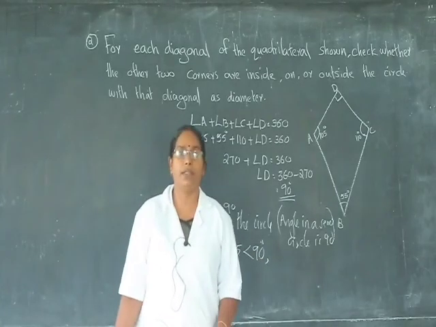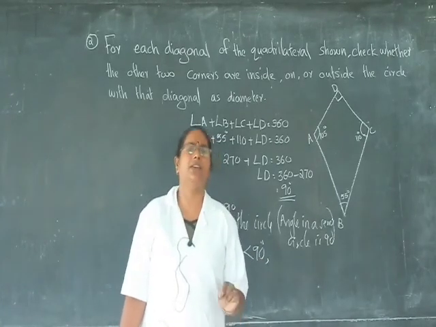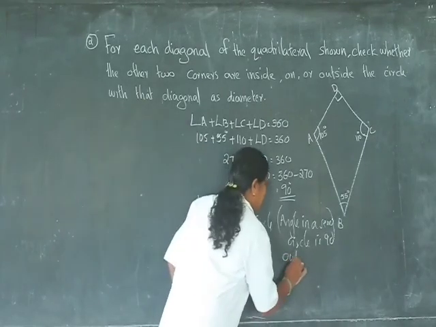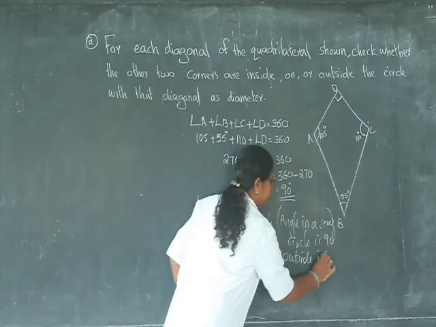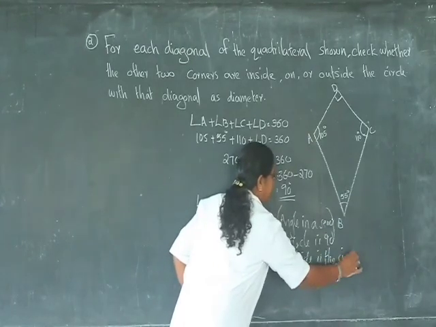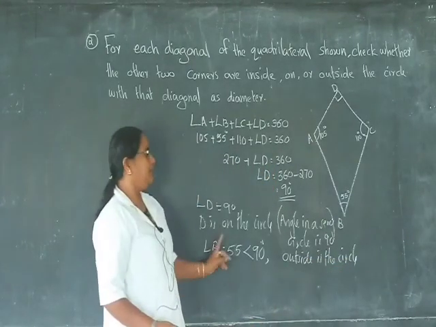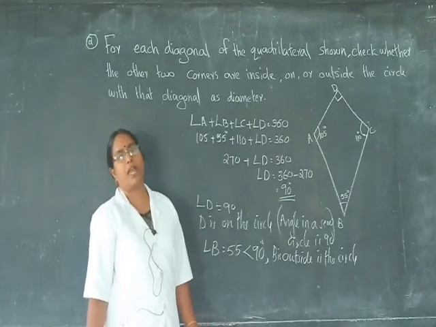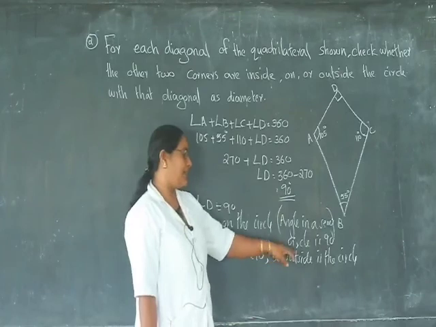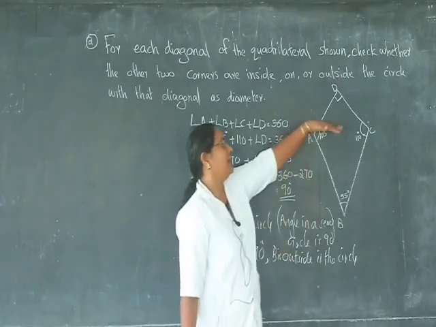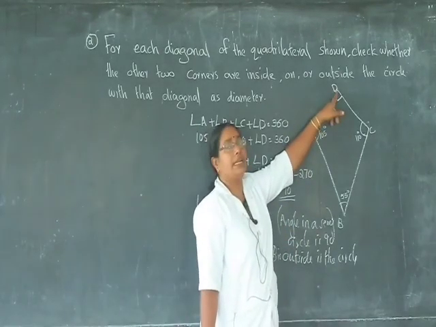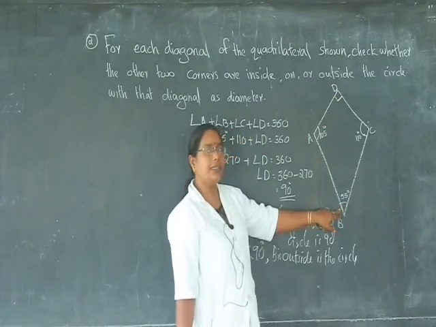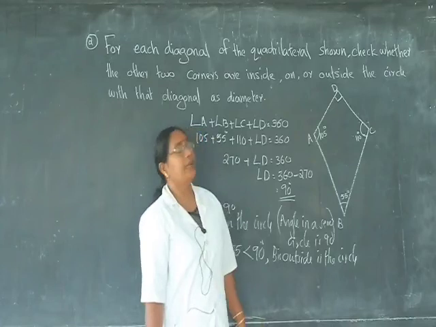Therefore, the vertex B is outside the circle. AC is a diameter, D is 90 degrees, therefore D is on the circle. B is less than 90, therefore outside.